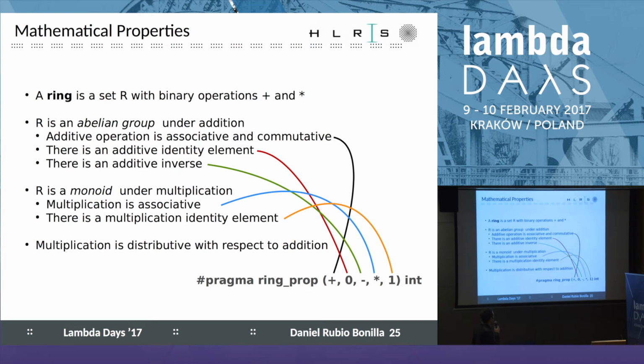One possibility is a ring, where basically you can set a set of operations which have certain properties between themselves. And, well, I'm not going to go into it here because it's a bit complex mathematically. Probably some of you are mathematicians and know more about this than me.